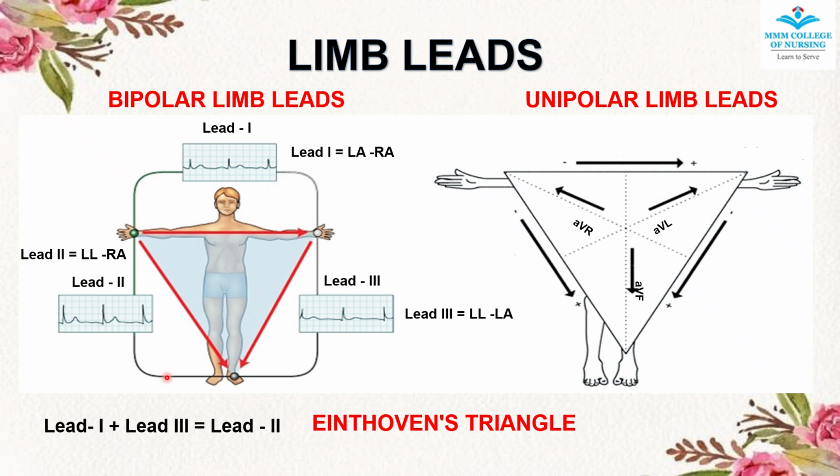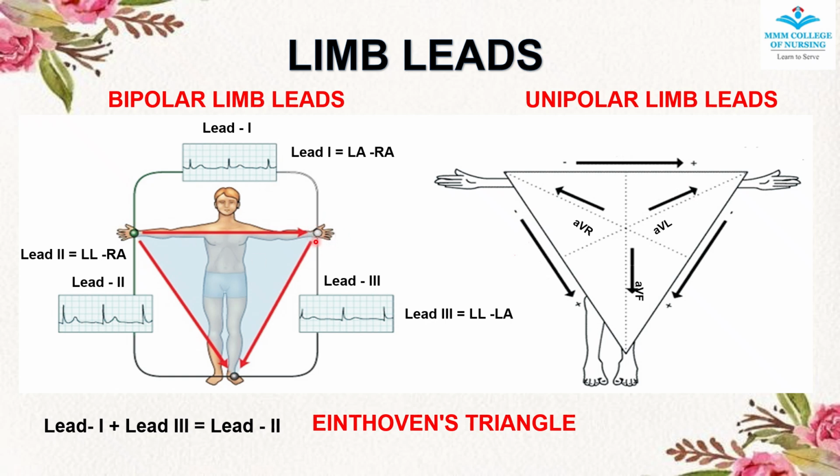When we record the bipolar limb leads, lead 1 is positioned horizontally between the right arm and left arm, and records the difference of impulses between the left arm and right arm. Here, the left arm acts as the positive pole and the right arm acts as the negative pole.